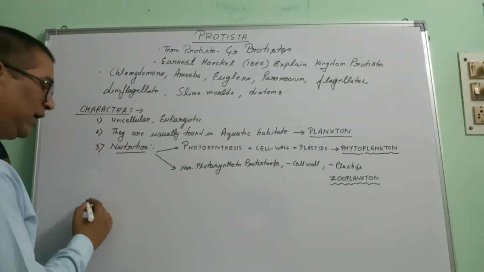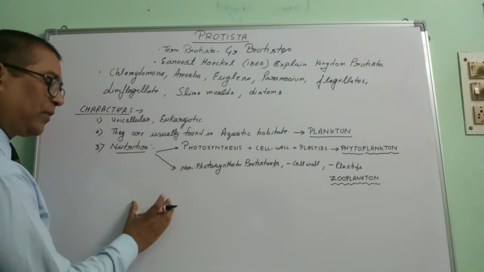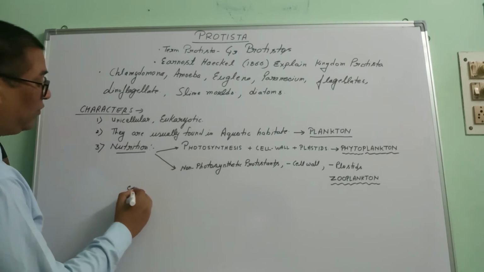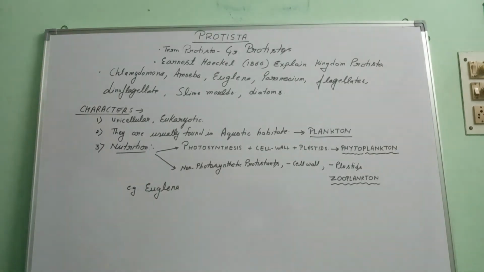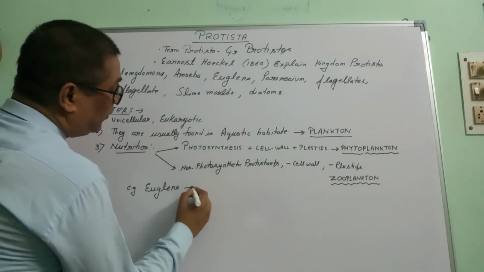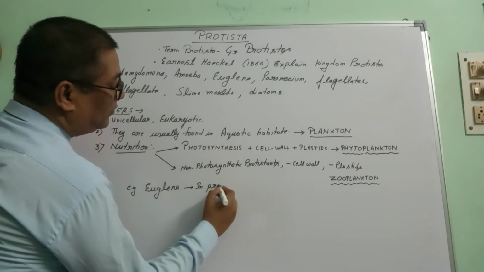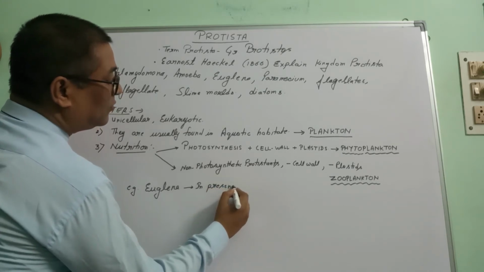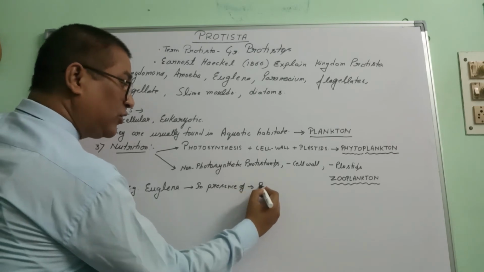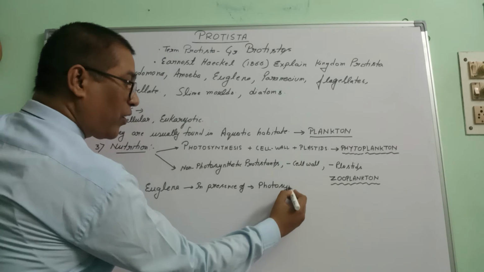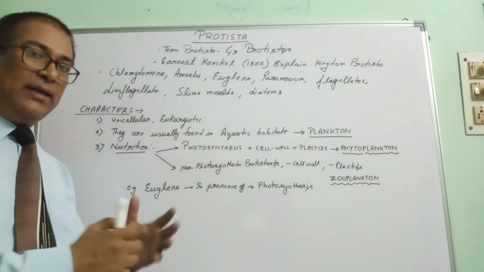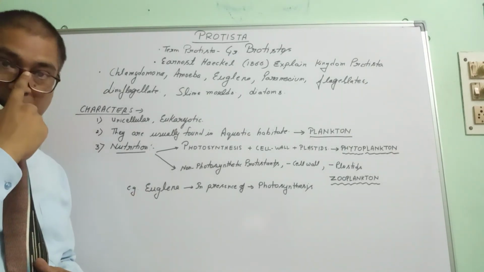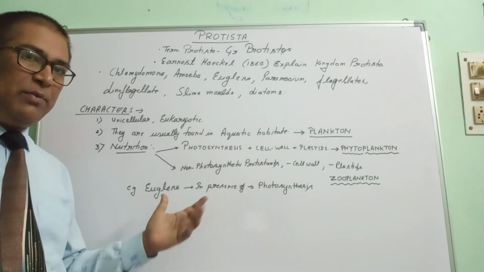Another example, for this we explain Euglena. Euglena in the presence of light shows photosynthesis, because Euglena is the example which shows the linkage between plants and animals on the basis of nutrition.